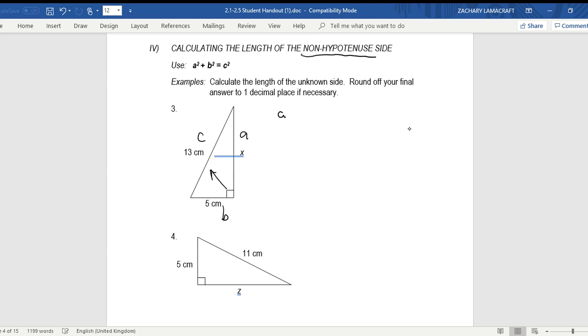Our job now is to put A squared plus B squared equals C squared and fill in the different ones. So 13 is going to go into C, X is going to go into A, 5 is going to go into B. So then it would be X squared, because X goes into the A spot, plus B squared, B is 5 squared, equals C squared, which is 13 squared.